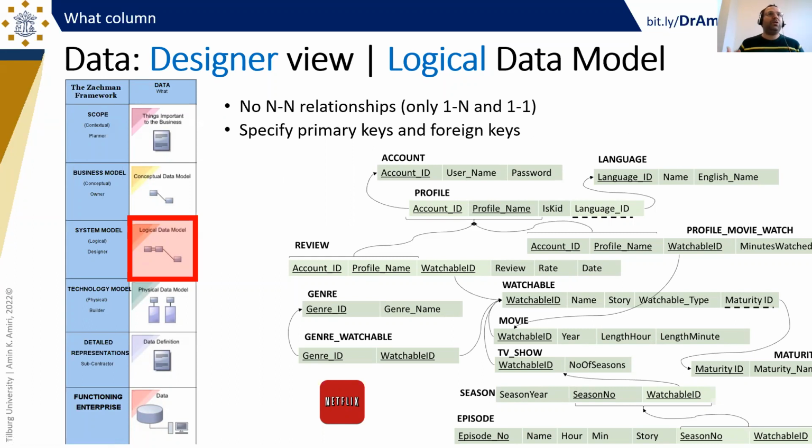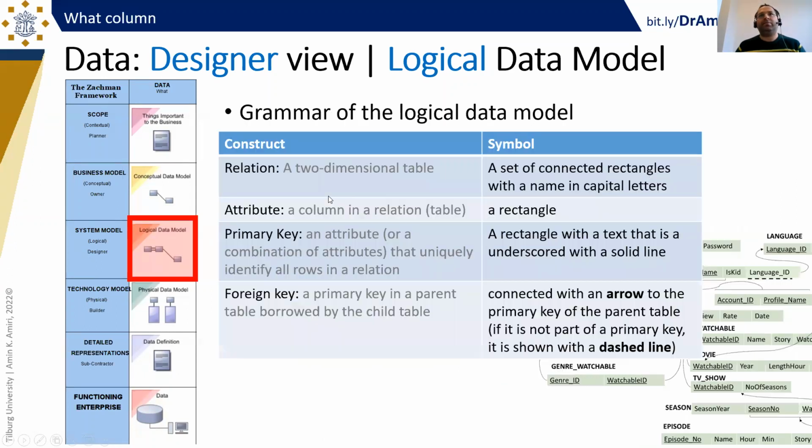For the assignment, what is important is that you need to find primary keys and foreign keys, and you don't have any many-to-many relationships. You can see here that we have, again, a grammar there. Each of these is called a relation. Rather than call it a table, they call it a relation.